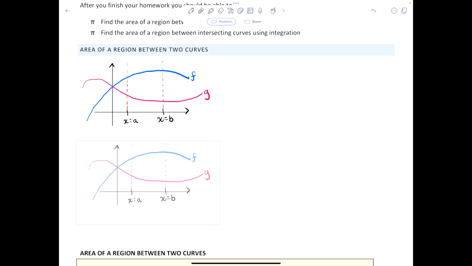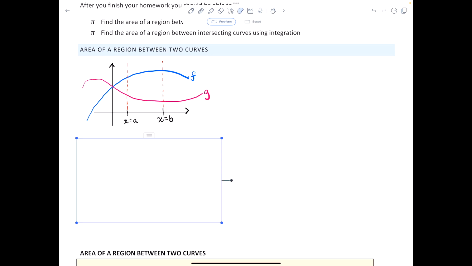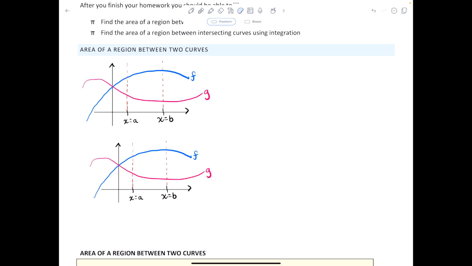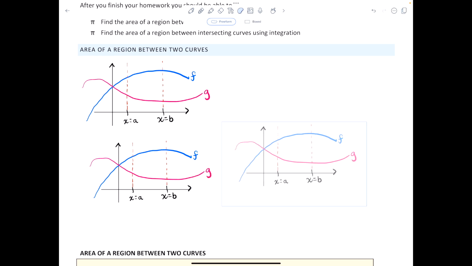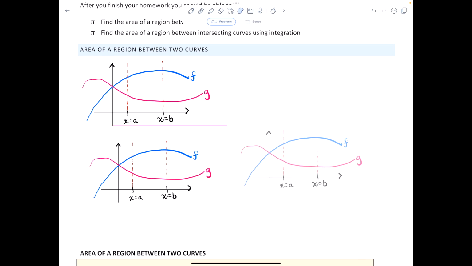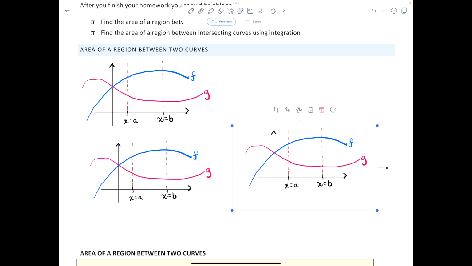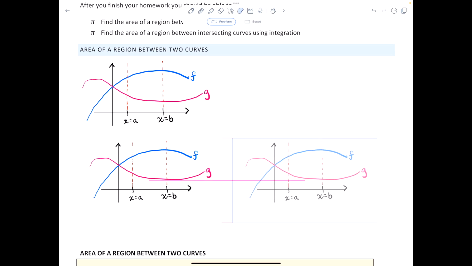It's honestly the same kind of concept as if you were to draw a circle inside a square or vice versa, and you would find the area of the bigger one, and then you would subtract the area of the smaller one if you want the area in between. It's really the same idea.